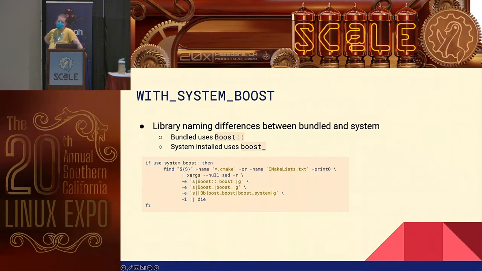If system Boost actually updated some variable to make it use the more common _ naming, because a lot of packages don't use the :: naming for system install, just because some compilers don't like it, and it just creates some issues.